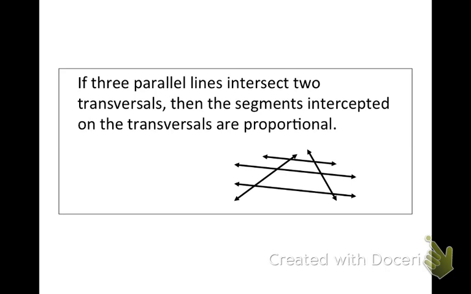So if I were to label this A, B, C, D, E, G, AB would be proportional with what? AB is over what? BC is equal to DE over what? EG. Good.